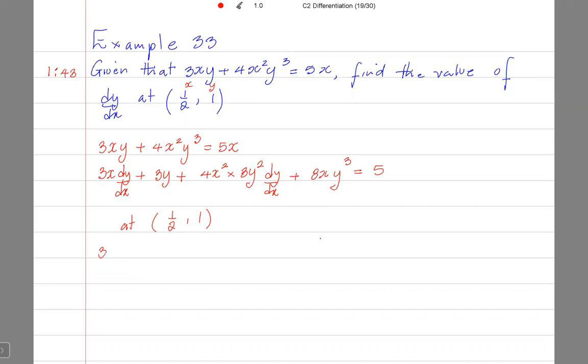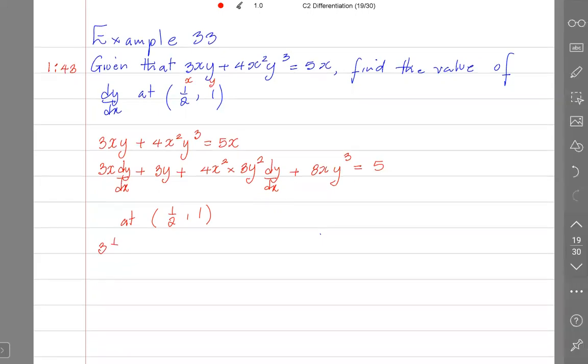So this is 3 times a half, not 3.5. I need to be careful.